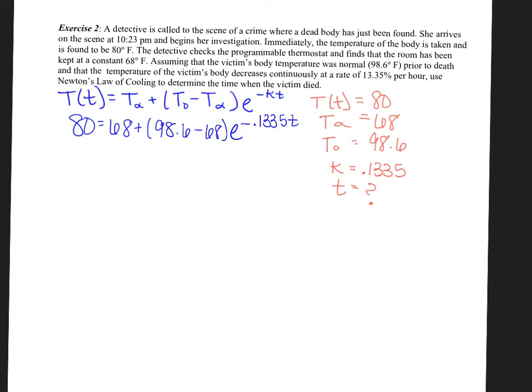I am now going to follow the same steps that I did on the previous page. I'm going to simplify what's in my parentheses first, and that's going to be 30.6 again. Subtract 68 from both sides. So this number is going to be slightly different.